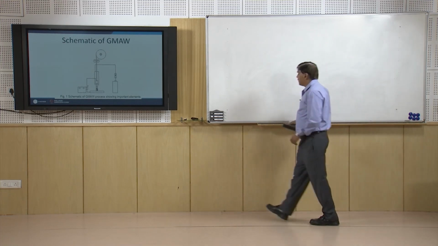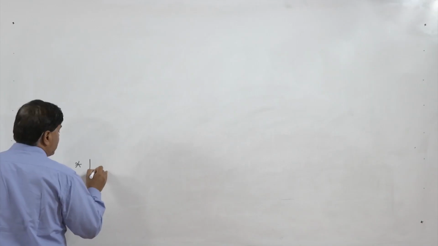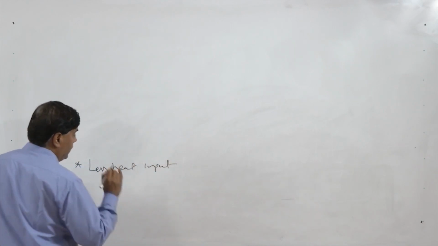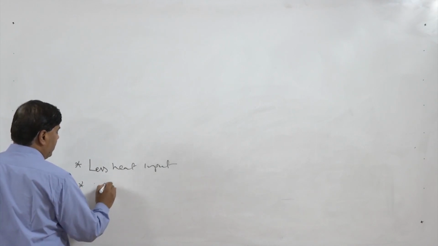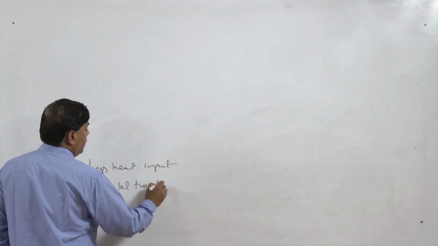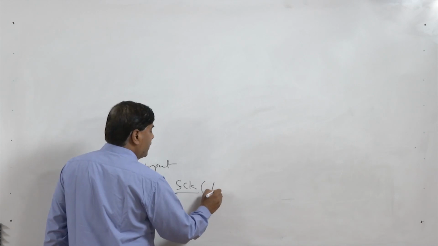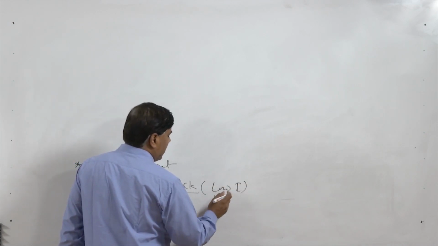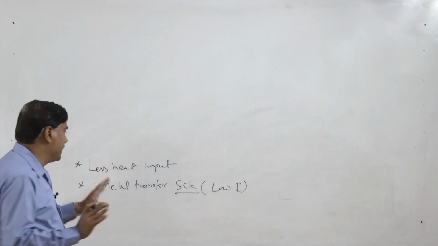So, this feature facilitates two things: very little heat input, that is one, and very smooth metal transfer in the short circuiting way, especially when the current is very low. It is actually not nil, the current value is very low. So, the molten metal is cold in that way.